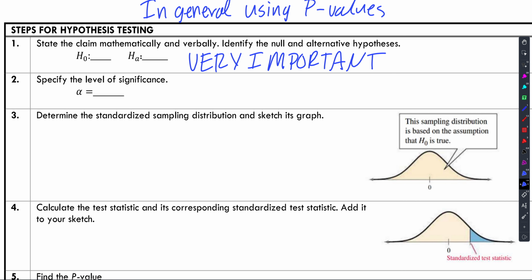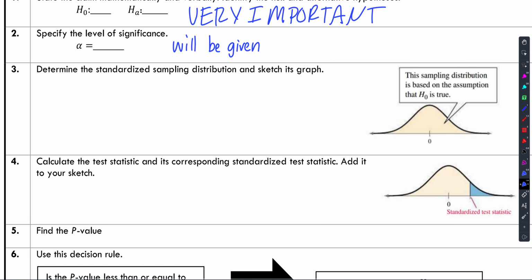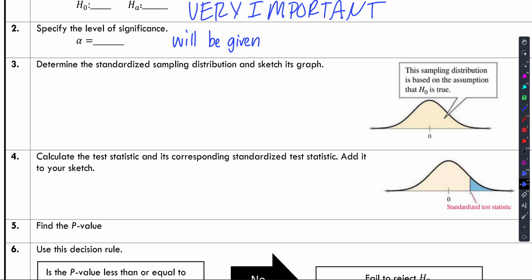Okay, the next step will be to specify your level of significance, your alpha. Okay, this will be given. So you're going to have to read your problem and figure out what the level of significance is from the wording of your problem. Okay, then you're going to determine the standardized sampling distribution and sketch its graph.